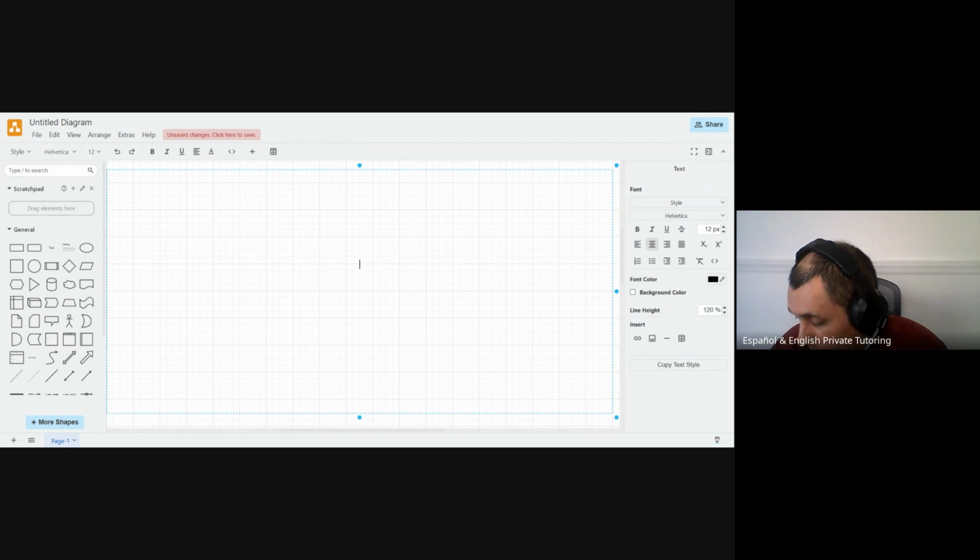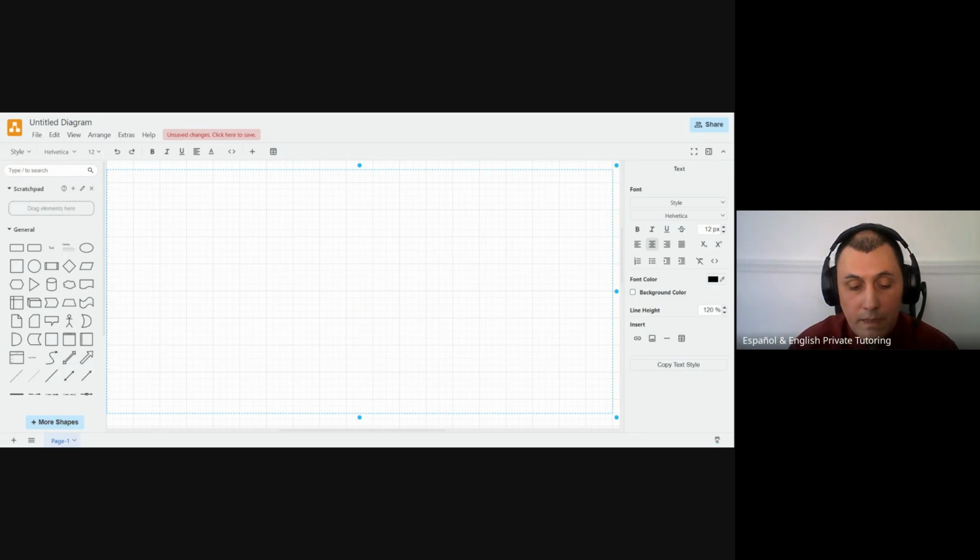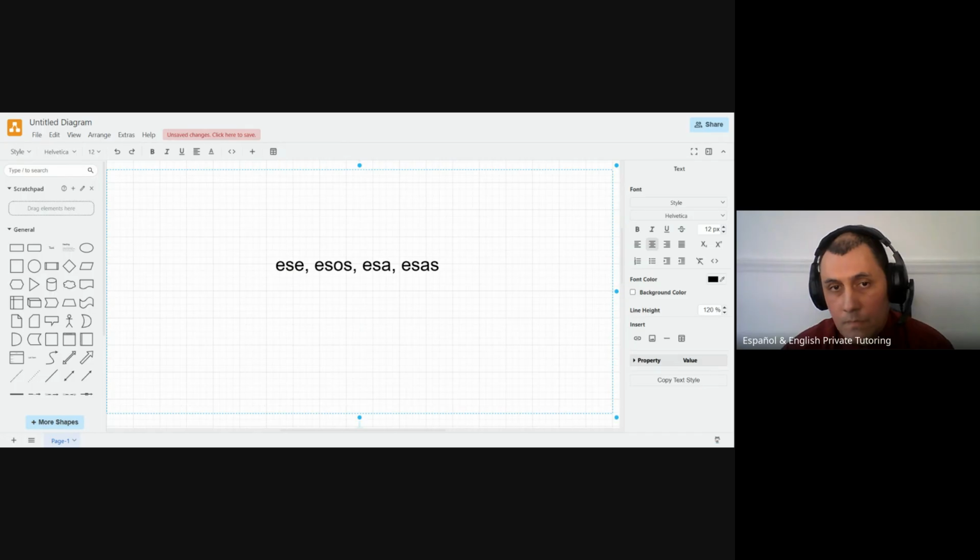So in the book, they are explaining that ese, esos, esa, and esas, which ese means that, esos those, esa that feminine, esas those feminine. Ese and esos, these two are the masculine forms.